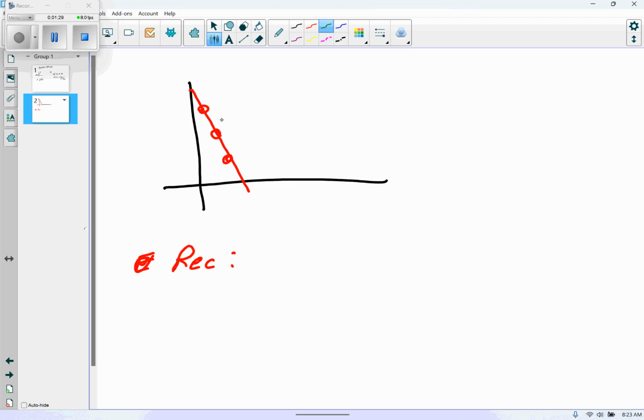So our recursive function, because it's going down and right, if you look at your dots, this first dot up here is at the point 1 comma 12. The second dot below that is at 3 comma 9.